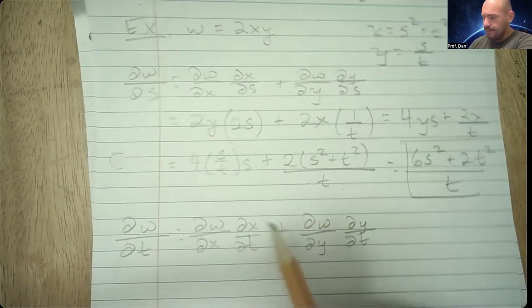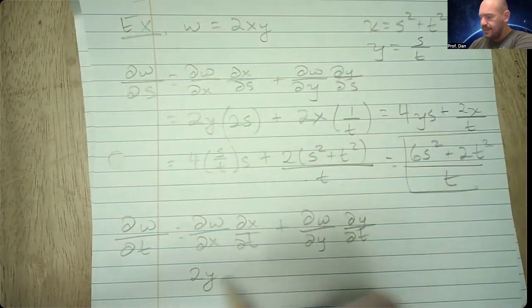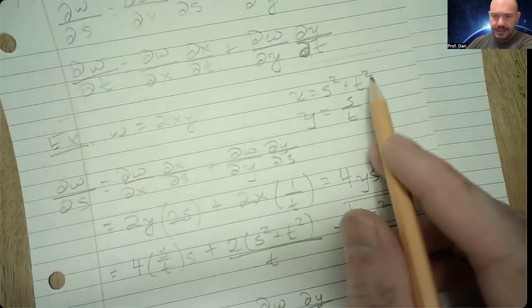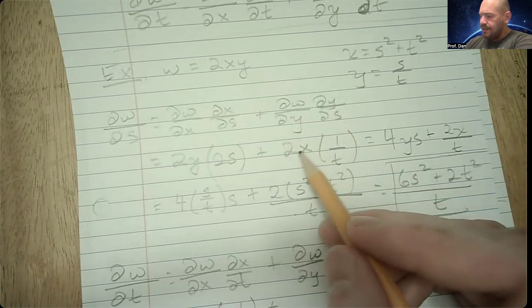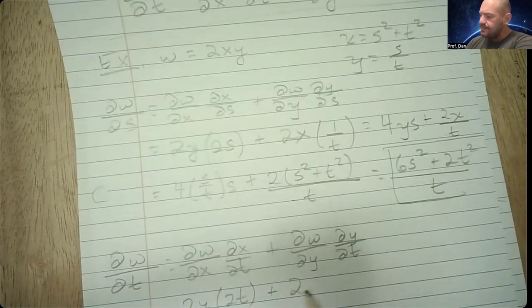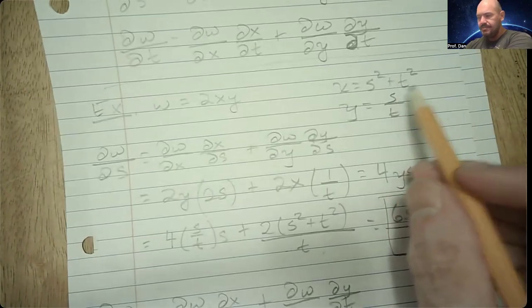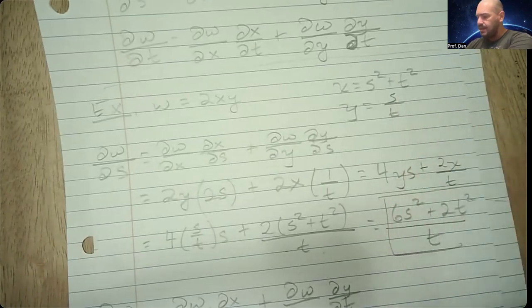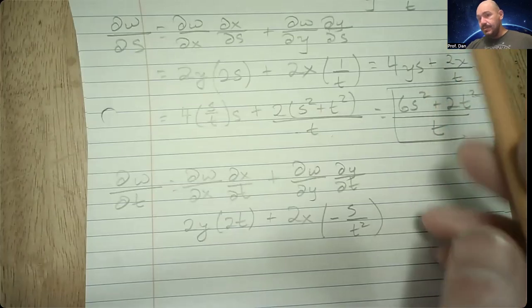So for example, this one I know is going to end up being 2y. dx dt is going to end up being 2t. I already know that's 2x, and dy dt is going to be negative s over t squared, right? Using our power rule. Remember, that's s times t to the minus 1.